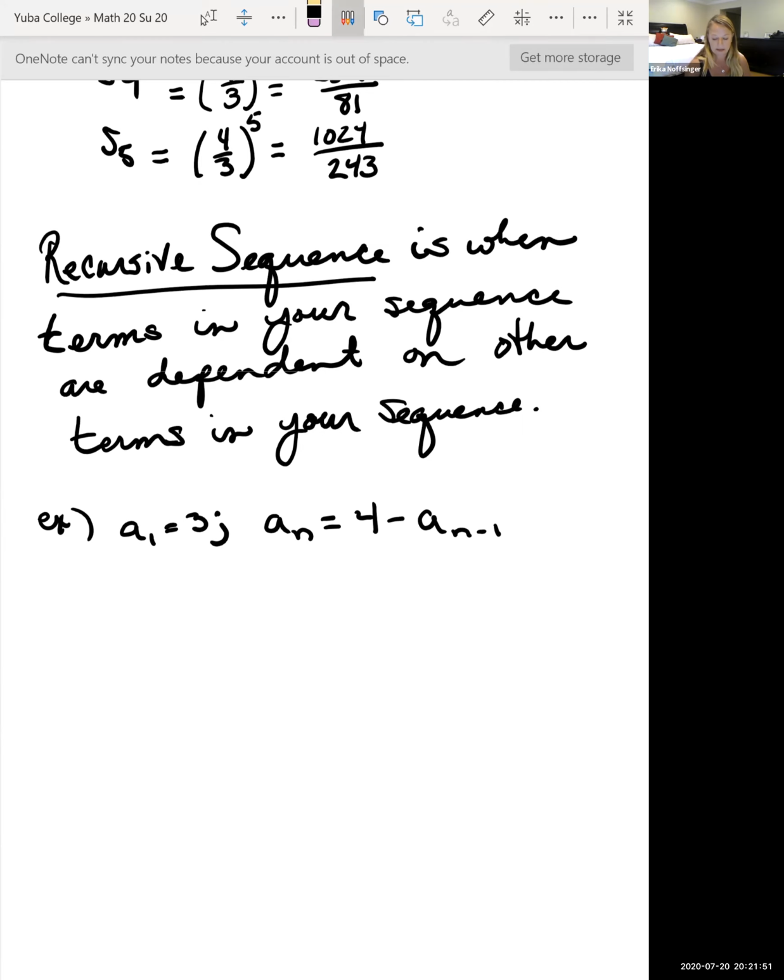Okay, so think about this. We already know what a sub 1 is, so when we're doing sequences, we progress in our integers. So the next integer after 1 is 2. So we would look at a sub 2.